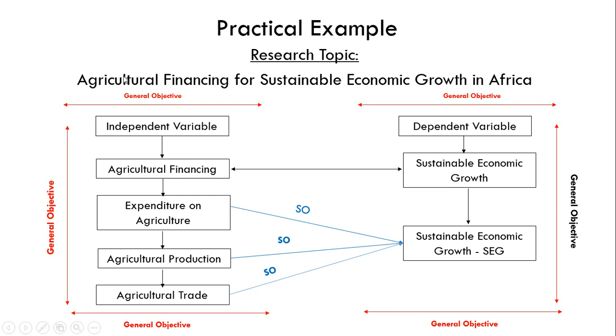That means we have been able to narrow down agricultural financing for sustainable economic growth in Africa to the main specific objective that the topic intends to achieve. Whereas holistically, the general objective is the entirety of the study as can be discussed.